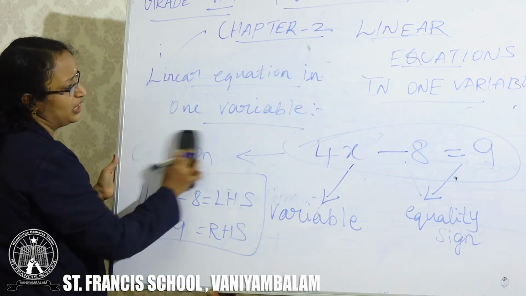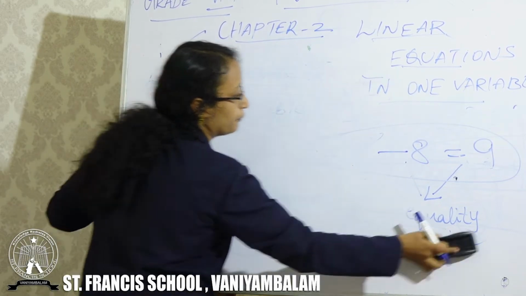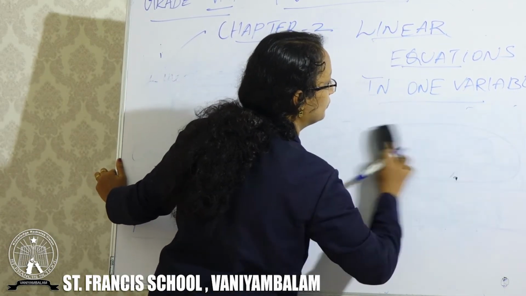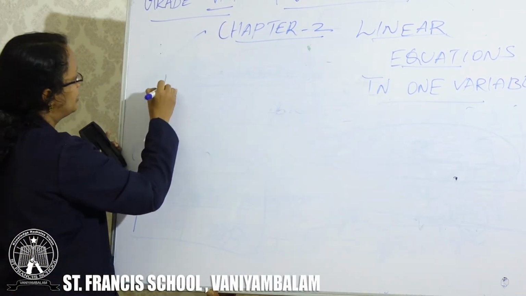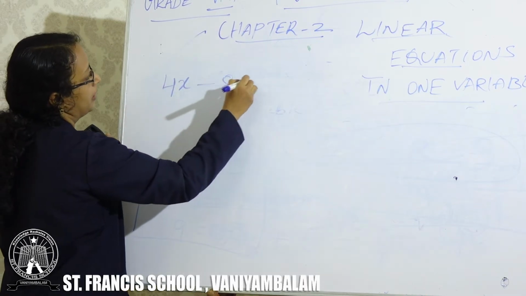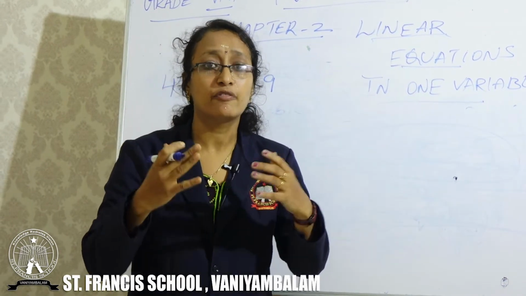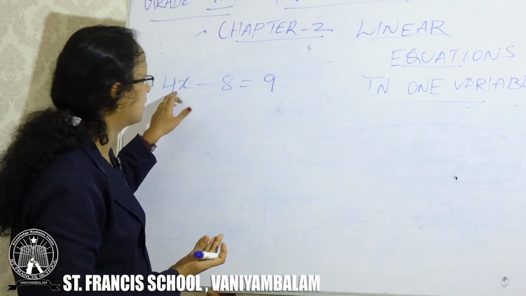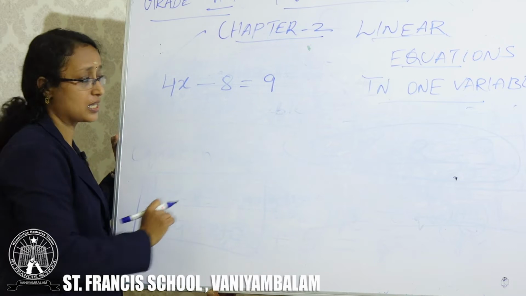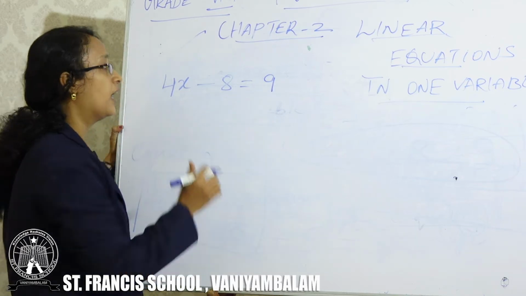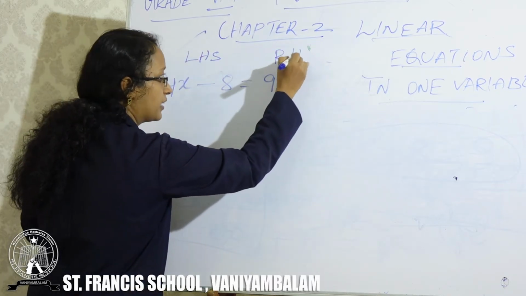Next, how will you find the solution of an equation? If you substitute a value for the variable and both sides come out equal, that is the solution. 4x minus 8 is equal to 9 is the equation, with a left hand side and a right hand side.